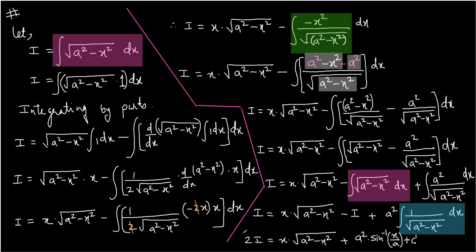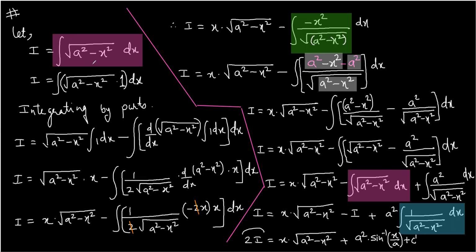Dividing throughout by 2. So on the left I get I. When I divide 2I by 2, I get I. When I divide this term by 2, what will I get?